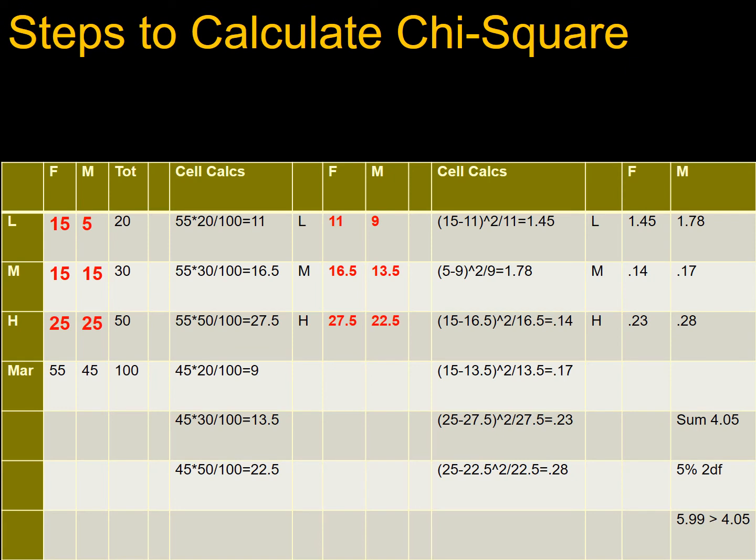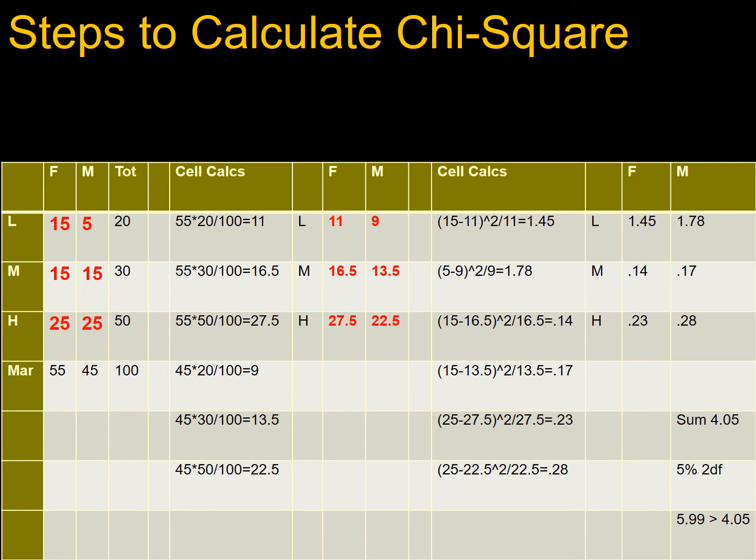Here you can see how we make those calculations. You can see the cell calcs section, which is 4 columns from the left. The calculation for the first cell, female and low, is going to be 55 times 20 divided by 100 equals 11. We've already calculated that. You can see the result is a red 11. We then calculate 55 times 30 divided by 100, where 55 again is the value at the bottom of the female column.